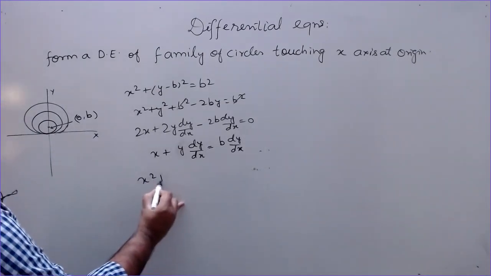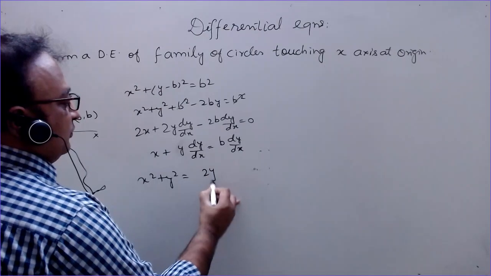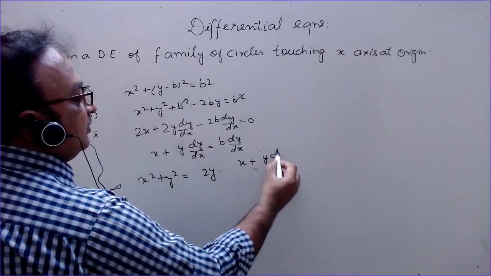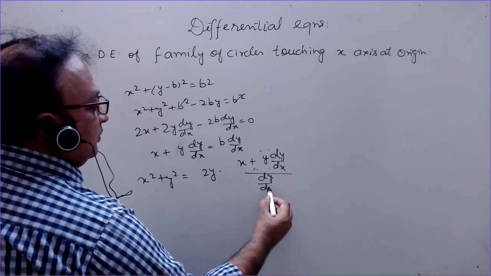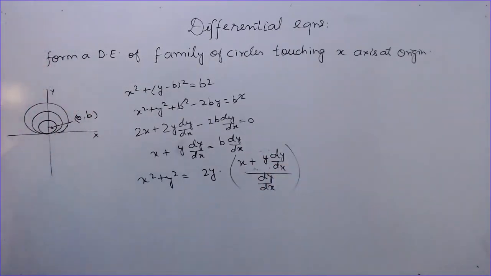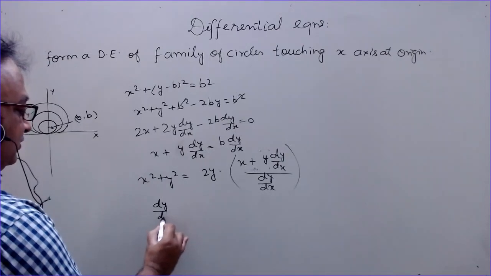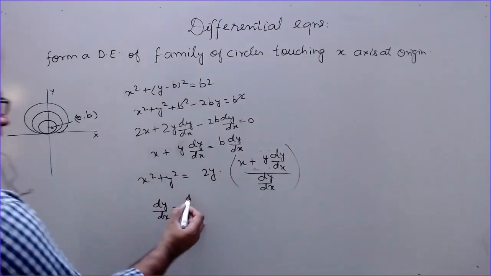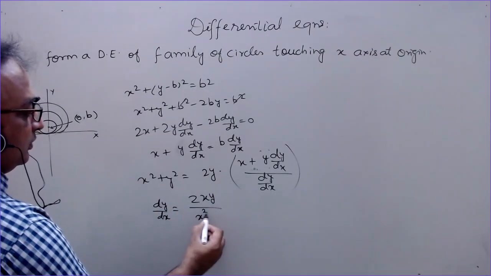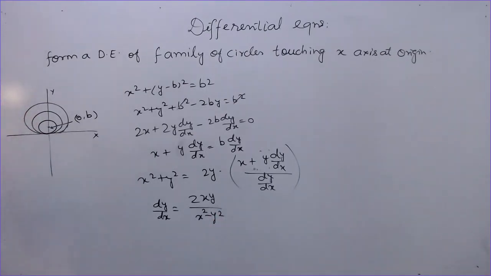So x square plus y square equal to 2by, 2y into this is the equation, and you can write the value of dy by dx from this by solving just like a linear equation. dy by dx you can find, which is equal to, that means we have eliminated the constant b from this equation, so this represents the equation of such circles.